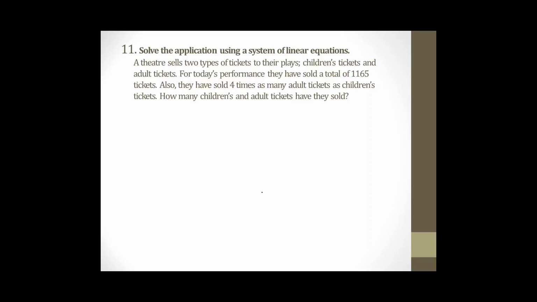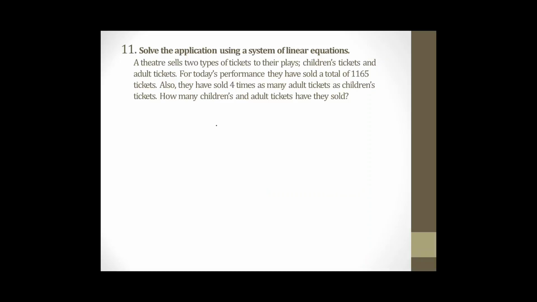All right, so knowing that we are dealing with systems of linear equations, we're going to have to come up with two equations. Look at the first sentence and read it again, and you should be able to come up with an equation. It says that they have two types of tickets, children's and adults, and then the second sentence says these two types of tickets total 1,165.